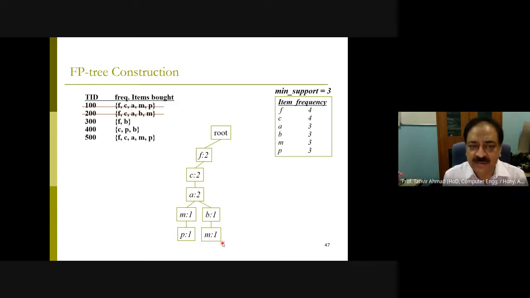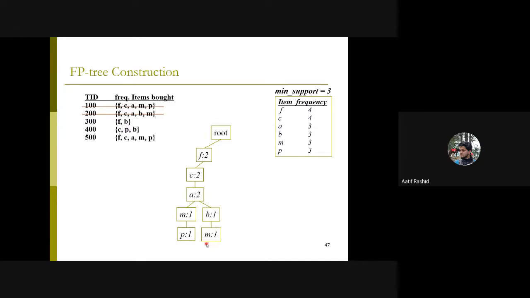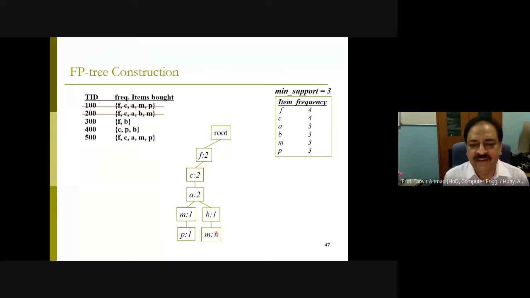You might ask why the count of M is 1, but it is in 2 different branches. What is the total count of M in the whole tree? It is 2. Why? Because 1 here and 1 here.